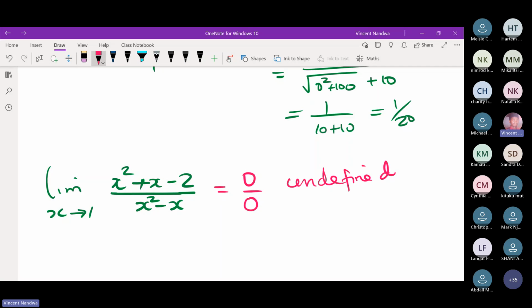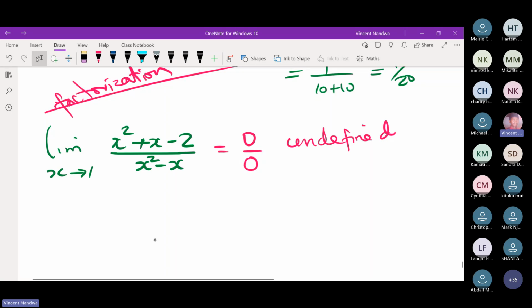Because there is no root sign here, the correct method is probably factorization. Rationalization is only used when you can see a root in the function itself. So we have x squared plus x minus 2.